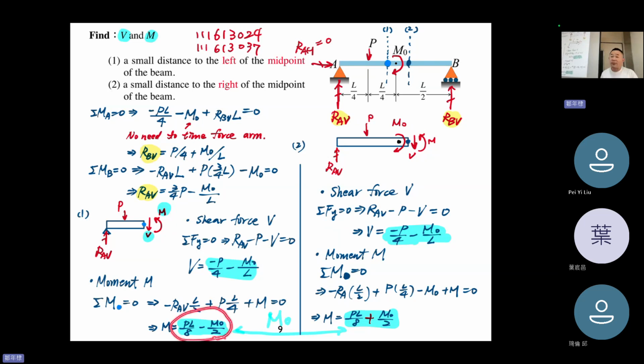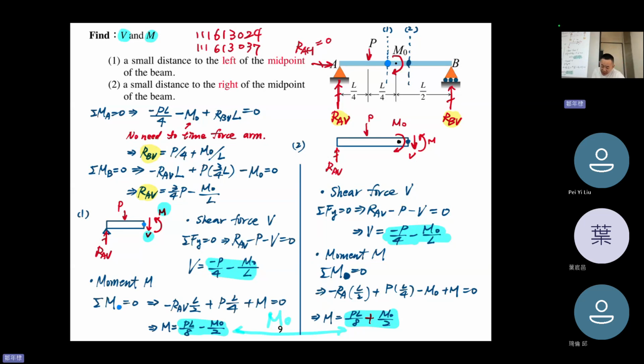Here it is PL divided by 8 minus M0 over 2. And on the right-hand side, after M0, it is PL divided by 8 plus M0 over 2. So the difference is M0. Of course, the contribution of this difference is this external M0. Okay, so you can see how the moment changed due to the external force or moment. All right.